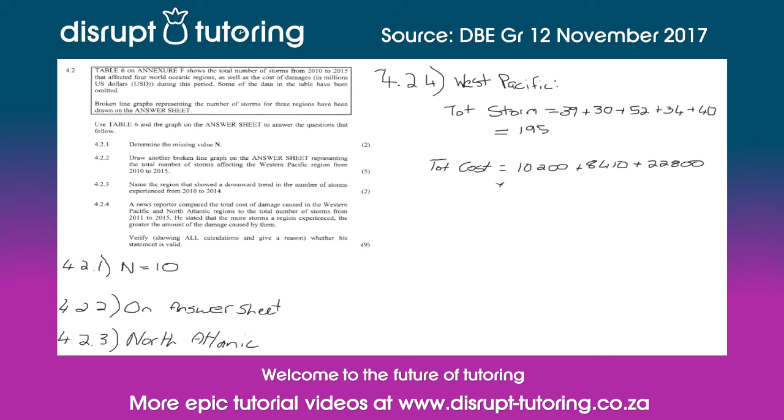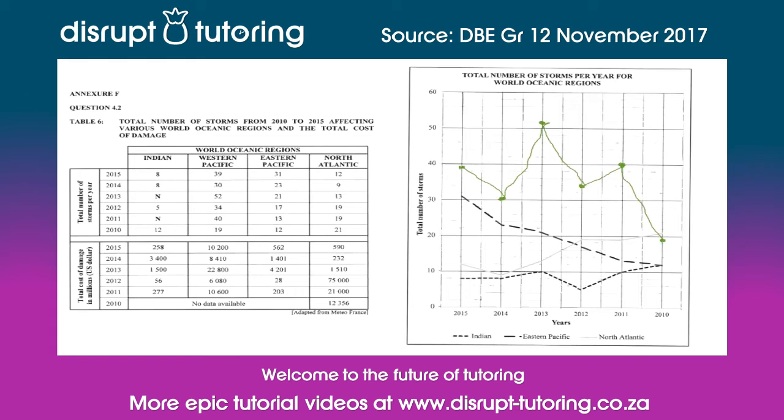So plus 6,080, and finally plus 10,600. So those five numbers, again, I'll show you, it's from that table over here.